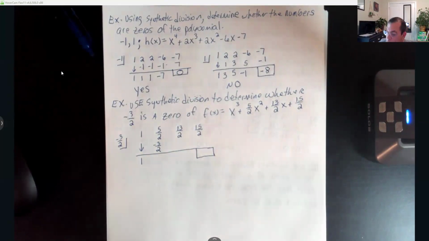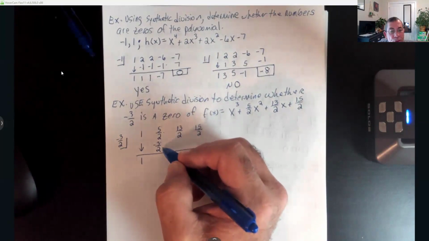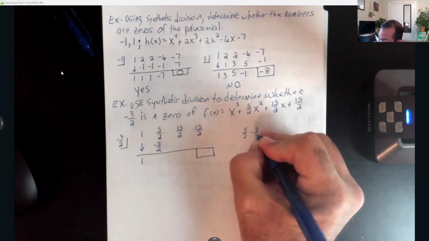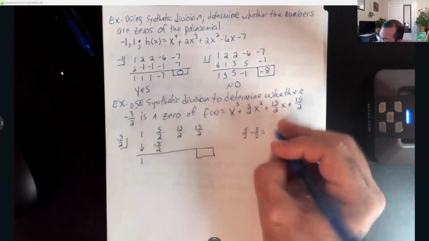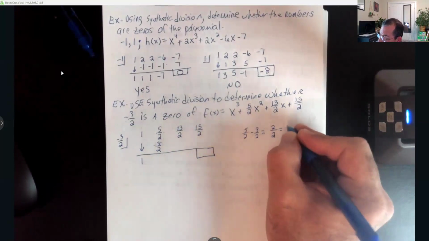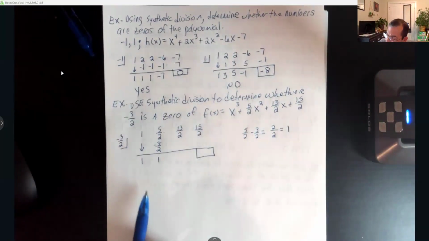Good job. That is a 1 because 5 minus 3 would give me 2 over 2. So y'all remember 5 halves minus 3 halves, 5 minus 3 on top is 2 over that common denominator, which was a 2 on the bottom. And that equaled 1. Good job.